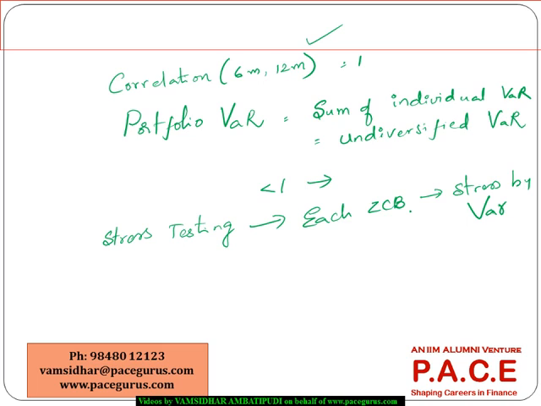It's simpler than thinking of correlations, but of course, if the correlation is very much different from 1, then probably this mechanism may not be applicable for a portfolio.